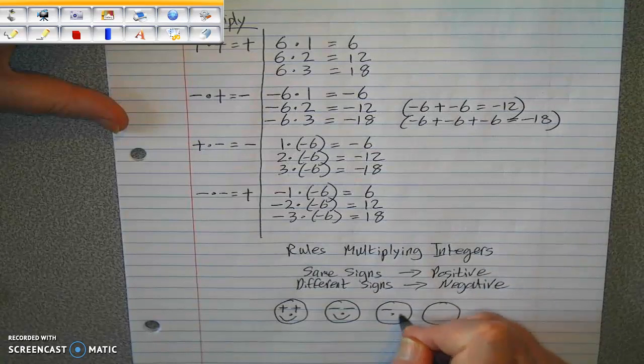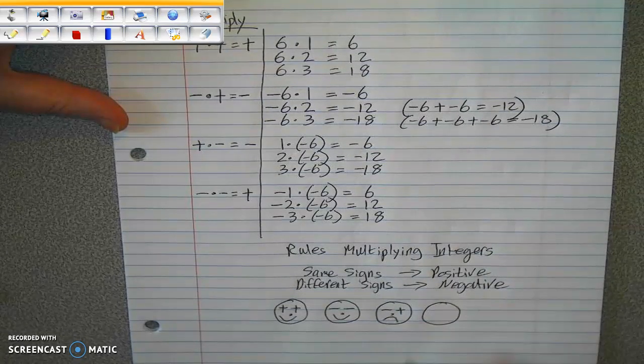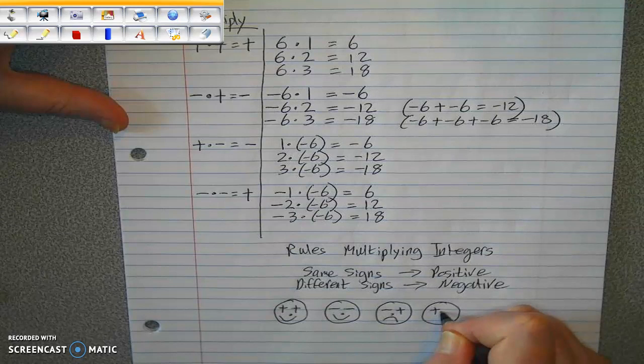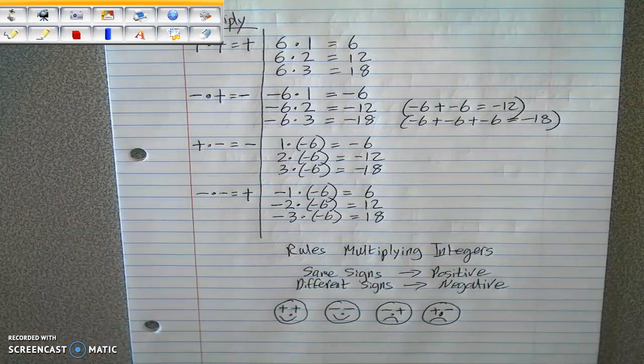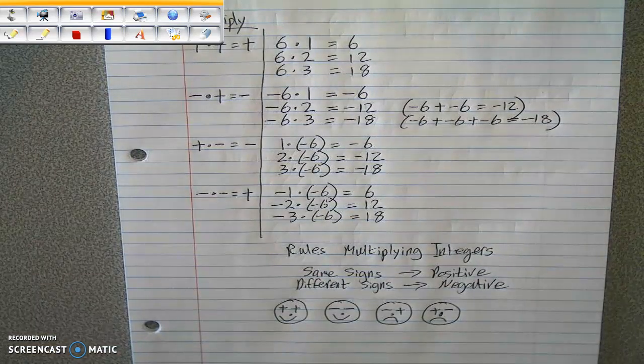A negative times a positive is negative. And a positive times a negative is also negative. So when the signs differ from each other, the product is negative. And when the signs of the two factors are the same, the product is positive.